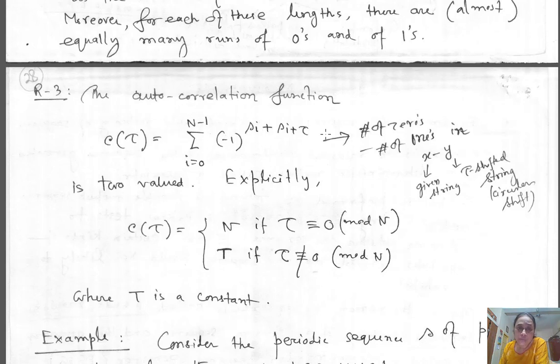So this value essentially calculates the number of zeros minus the number of ones in x minus y. X minus y or x plus y, same, because it is a bit string.